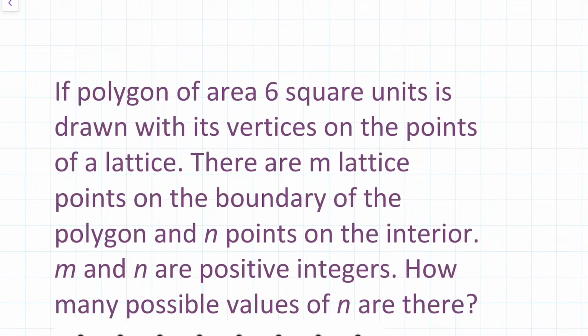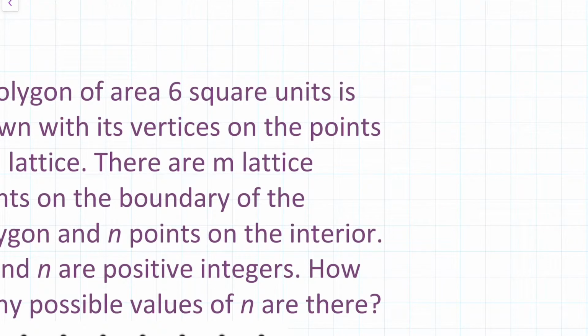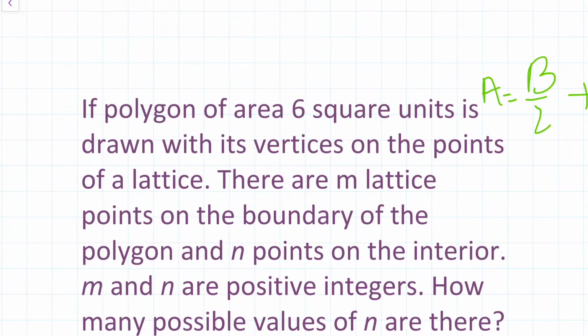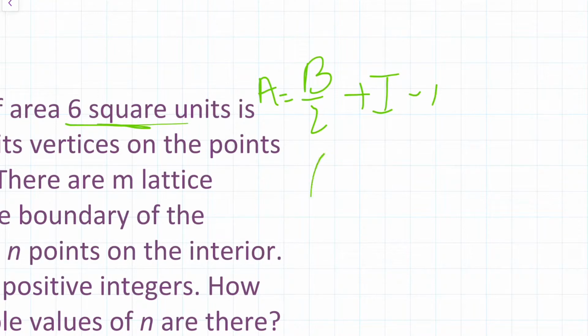Okay, so first we know the formula as A equals B over 2 plus I minus 1. And then we know that the polygon has the area of 6 square units. So we can write that as 6 equals B over 2 plus I minus 1.